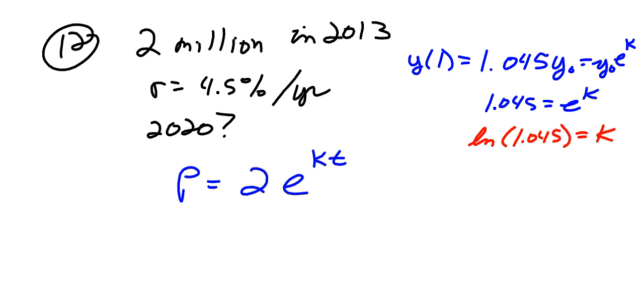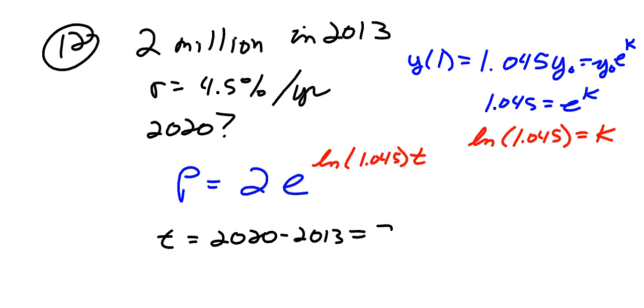So then I'm going to go back to my original equation here, and I'm going to put in my constant k, which is ln of 1.045, times t. And now I'm going to use this equation to try to find what it would be when the time is at 2020. So my t in this case is going to be 7 years.